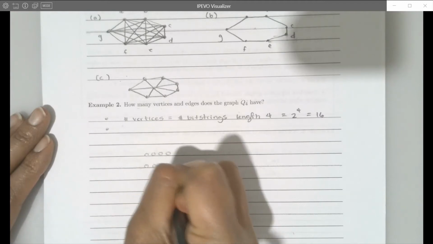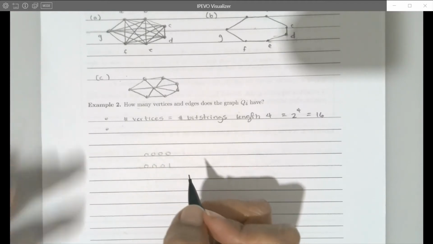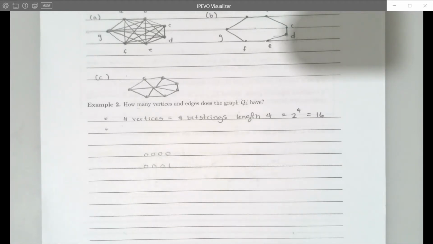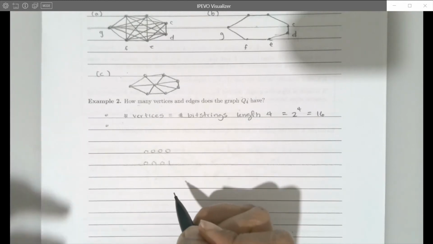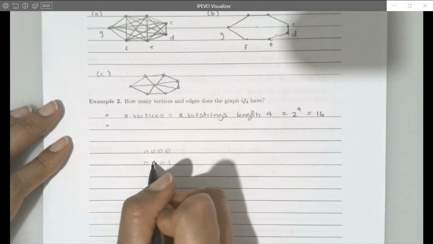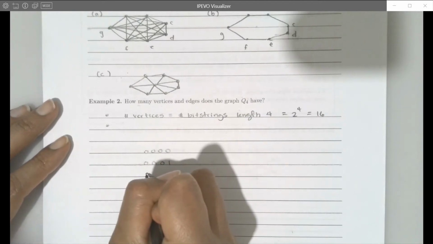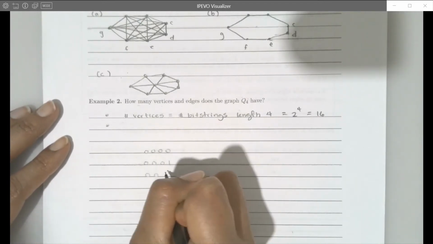In fact, because this is now in 4 dimensions, we wouldn't technically be able to draw it as a cube in the 4th dimension. So there are ways to represent that cube in just a 2-dimensional plane on our paper, but that looks nothing like a cube. So I won't be drawing it here, but like I mentioned, I am going to list out the different bit strings that we can have and the connections.